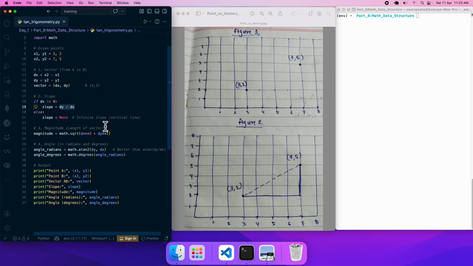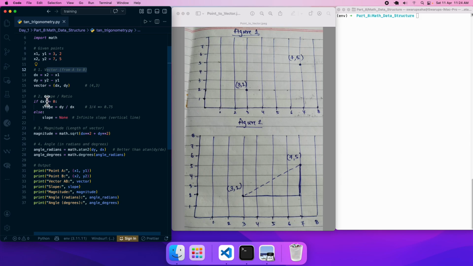So here is the implementation, and from this we get 3 by 4, which equals 0.75, right? Yes. So that's the slope which we got, or you can say it's also a ratio.